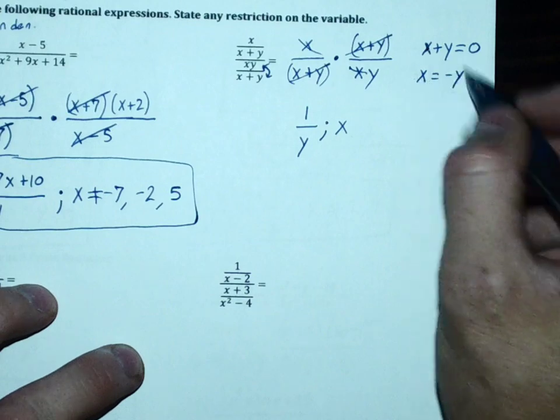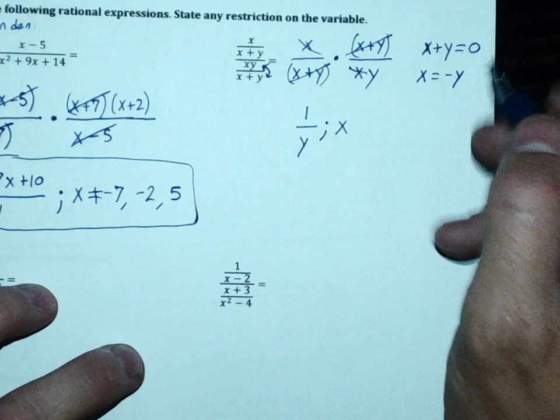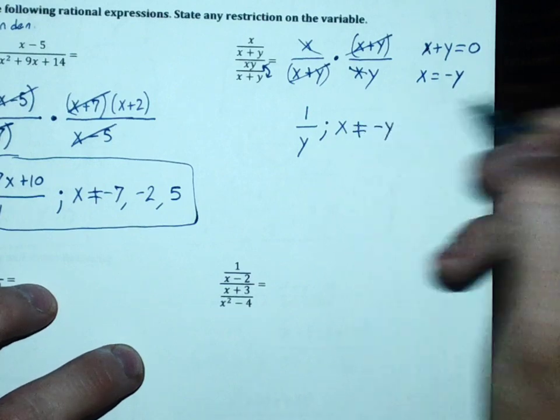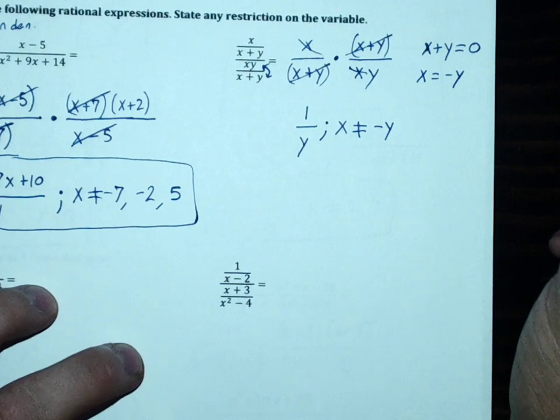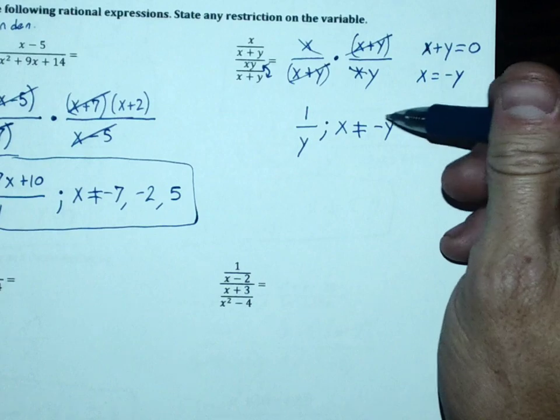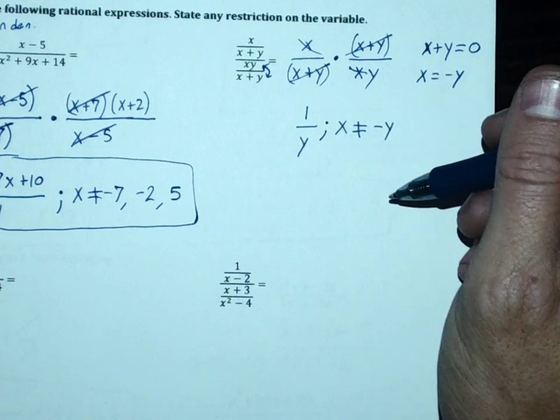What makes this equal 0? x equaling negative y. So what can x not equal? It can't equal negative y. That's a lot of numbers, but it cannot equal negative the same value that is for y.